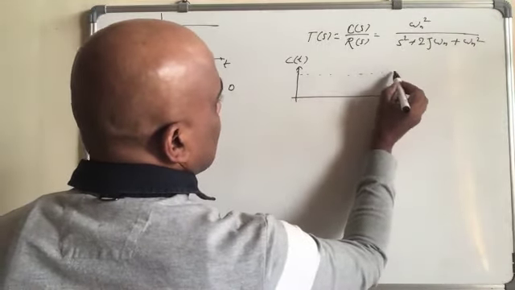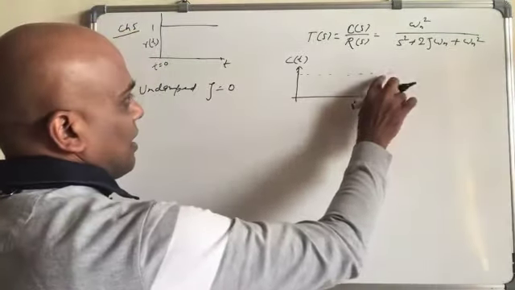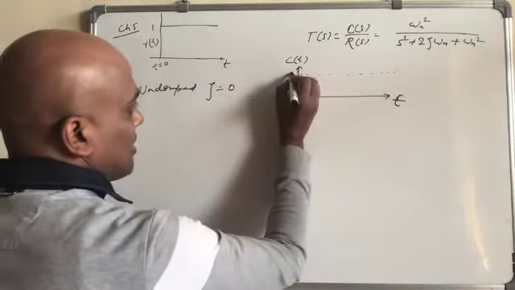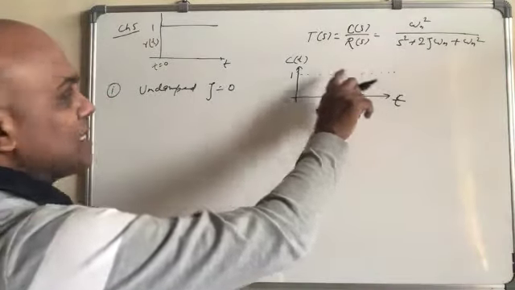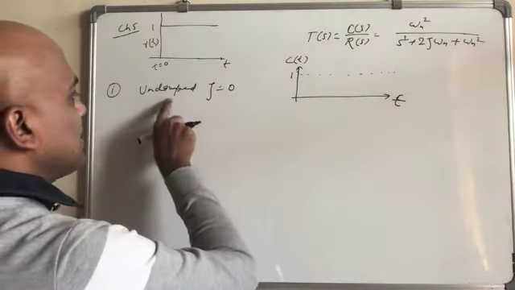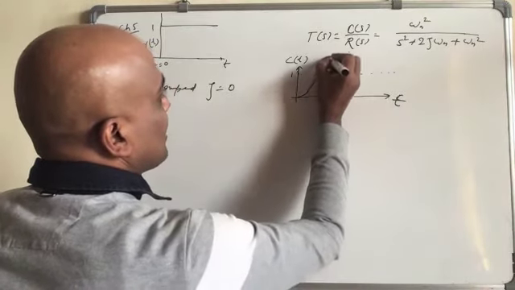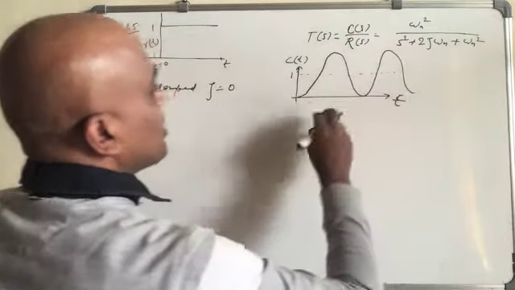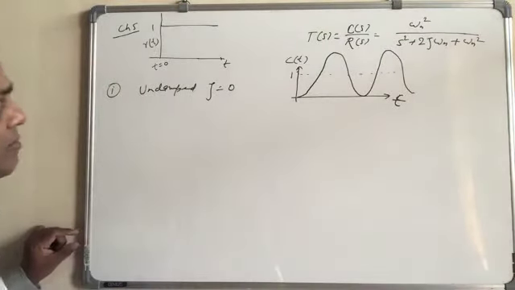The long term value should be about this one, the average value, which will be equal to 1. We have seen that the average output will be 1 in the long term. It will start from here, go like this, and whatever the solution we got, if you plot it, it will be like this one. This is the undamped condition.